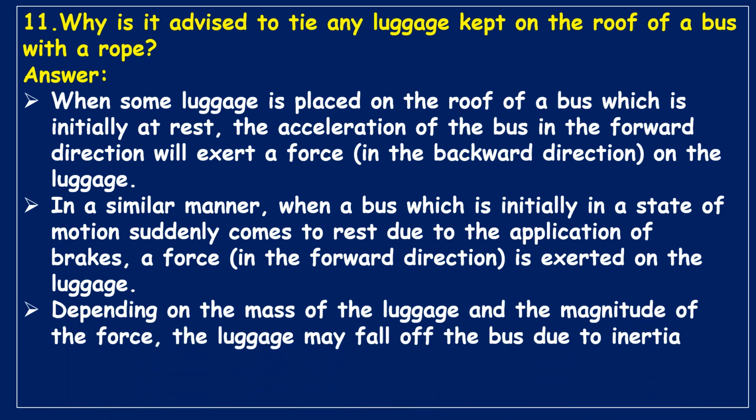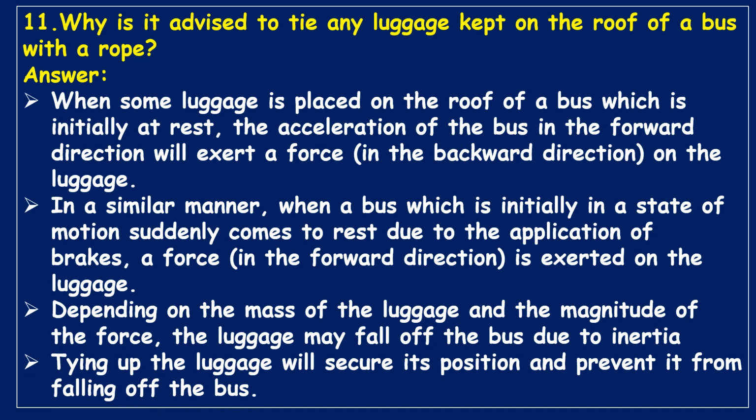Depending on the mass of the luggage and the magnitude of the force, the luggage may fall off the bus due to inertia. It's inertia of rest, inertia of motion. Tying up the luggage will secure its position and prevent it from falling off the bus.